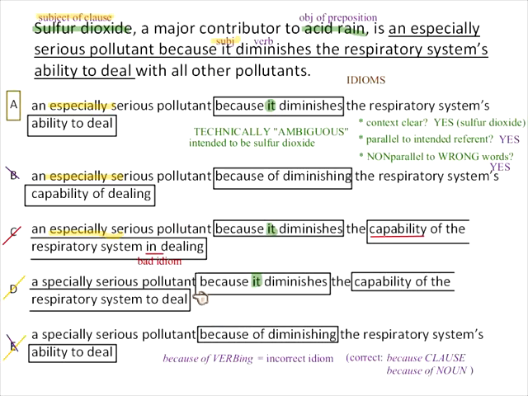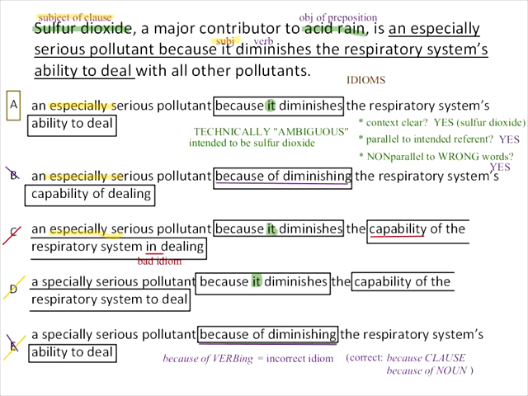I'm not quite sure how the GMAT would handle B and D, so I'm reluctant to pass definite judgment on those, although "because of diminishing" is definitely wrong. So you can use that as an eliminator here. The problem is you can find differing opinions on that sort of thing, so you would have to look at official problems and somehow find an official opinion on that.